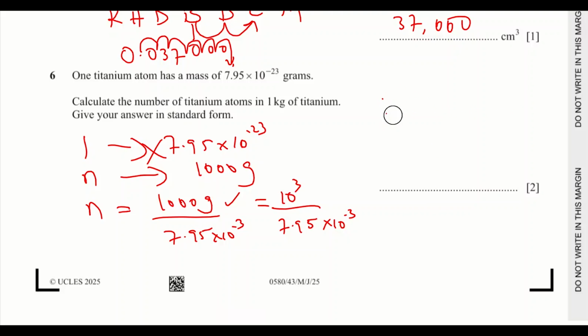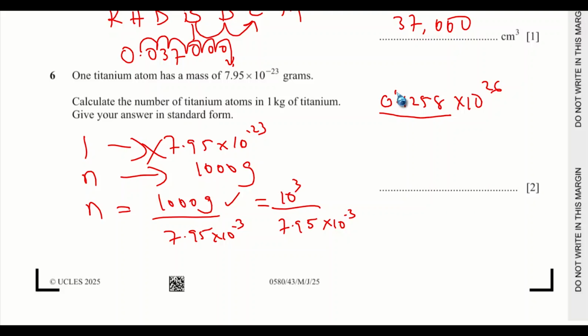Actually, this is what the calculator will give you. 0.1258 times 10 to the power of 26. Okay, but this is not in standard form. Okay, so you have to rewrite this. We need to shift it, because the standard form number must be between 1 and 10. Must be greater than or equal to 1 but less than 10. So this is 0.1, which is less than 1.